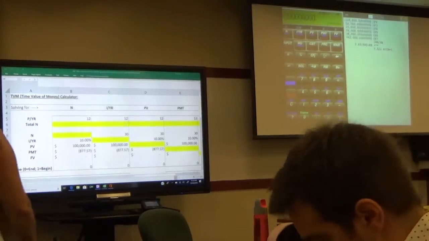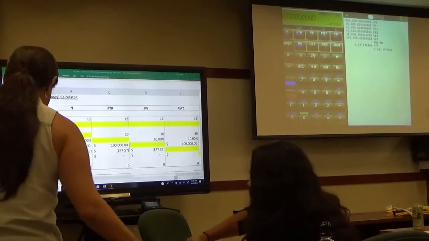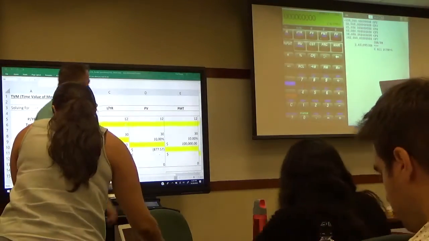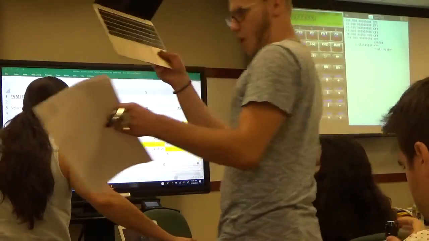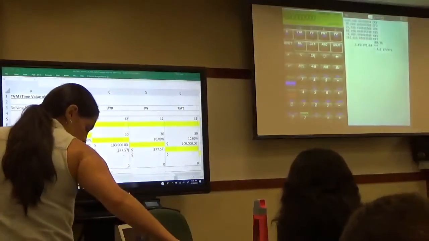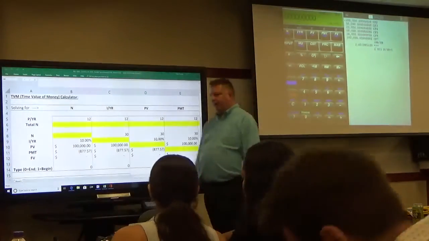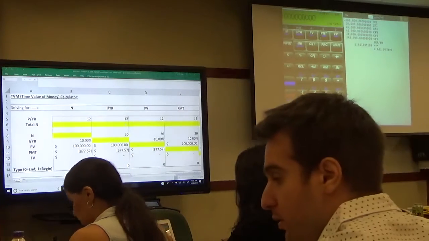Open up your computers to Excel, and pull up the little spreadsheet I sent you yesterday. You should have a couple handouts in front of you that I passed out during our break. You should have a copy of the syllabus. Everybody got a copy of that?